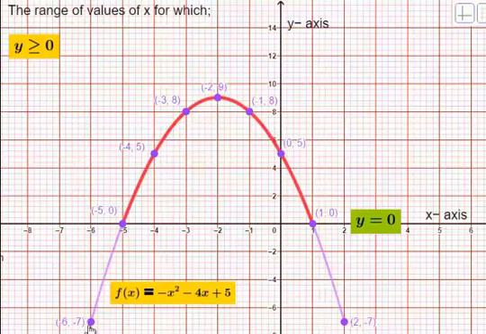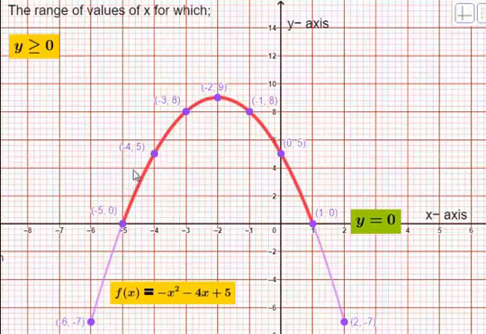So, starting from our first point, the y value of this point is -7. It is not positive. Therefore, it cannot be part of our answer. When we move to the point on the x-axis, we have the y value being 0. And from this condition, if y is 0, it should be included in our answer. And we are going to find the range of values of x. So the x value should be written.